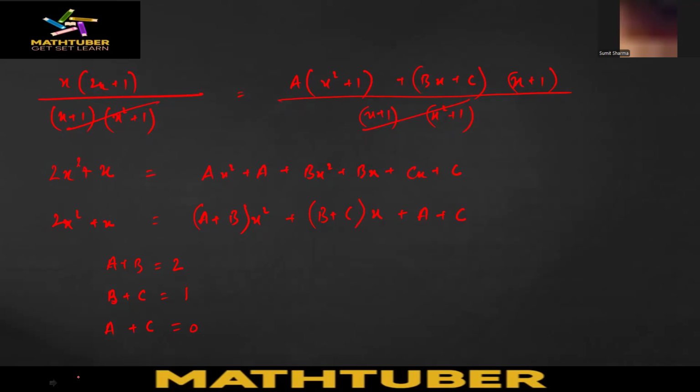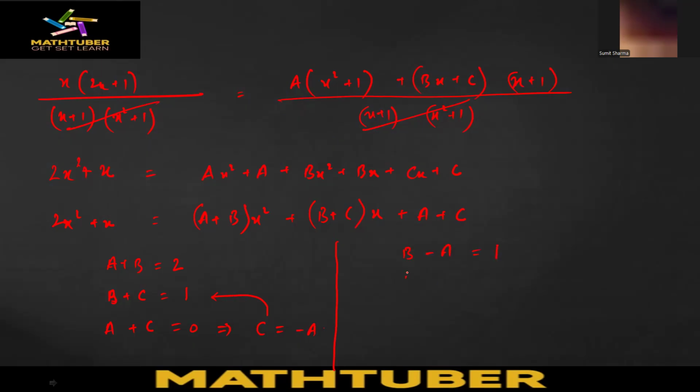And now we have to calculate the values of a, b, c from here, right? So from the equation a plus c equal to 0, we'll take c is equal to minus a. And we will put this c equal to minus a in the second equation. So you will get b minus a is equal to 1.